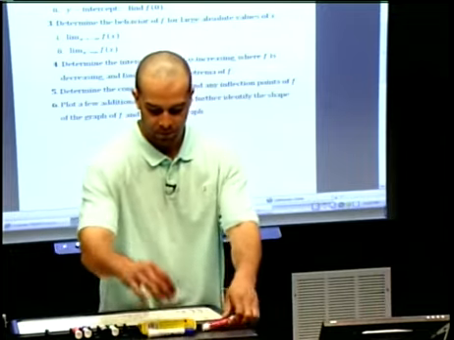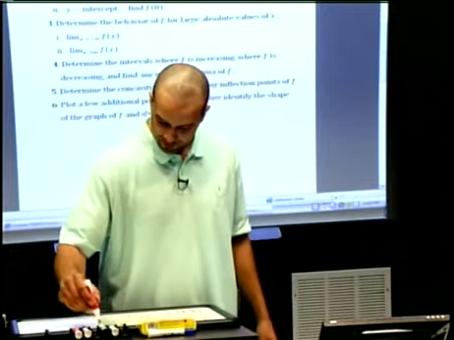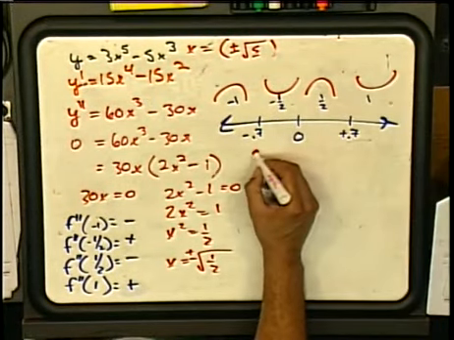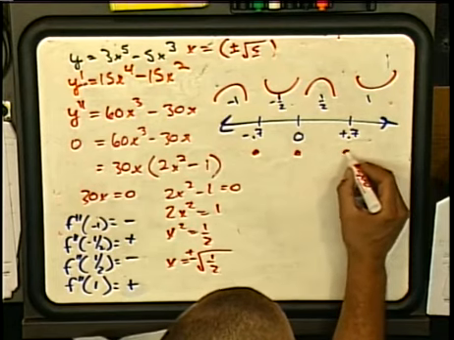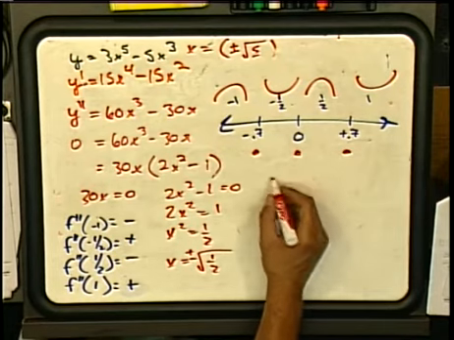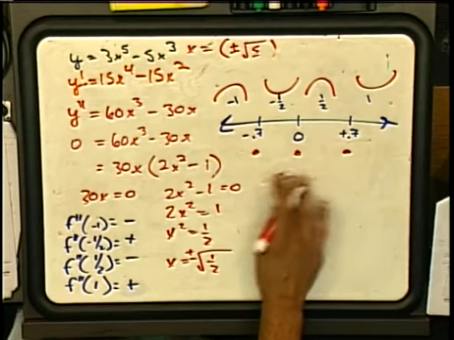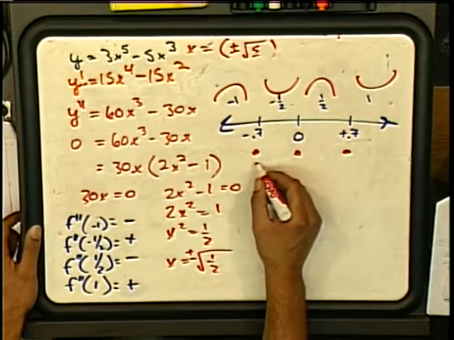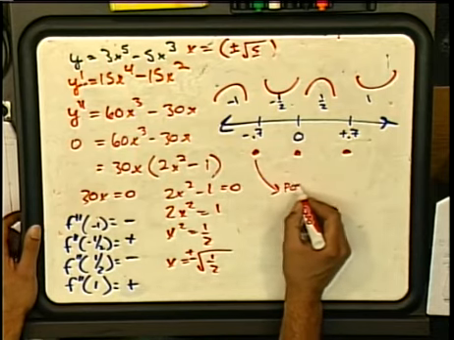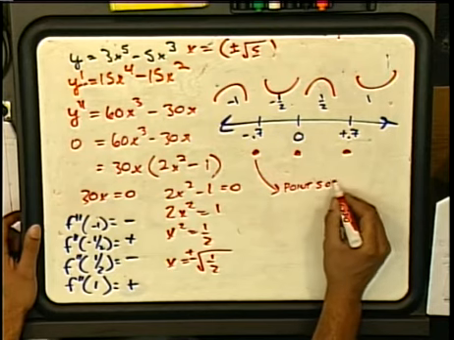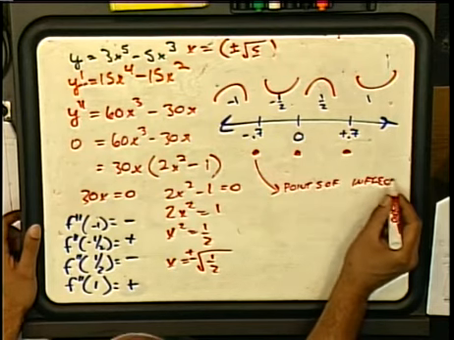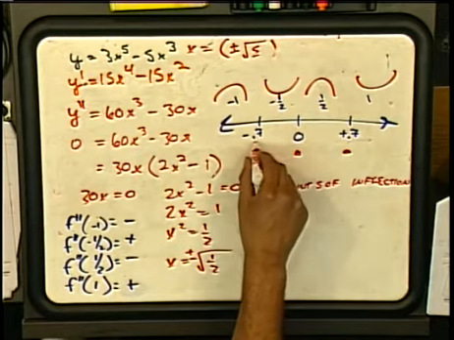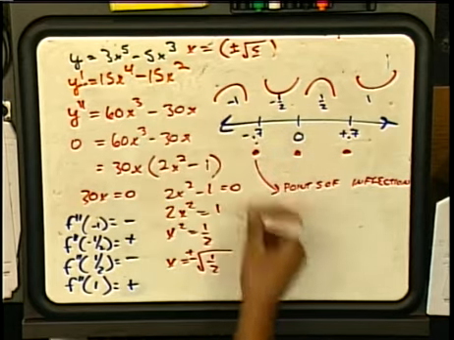So, concave down, concave up, concave down, concave up. And everywhere in the middle is a point of inflection. So to figure out where these points of inflection are, put these x values back into your original equation.